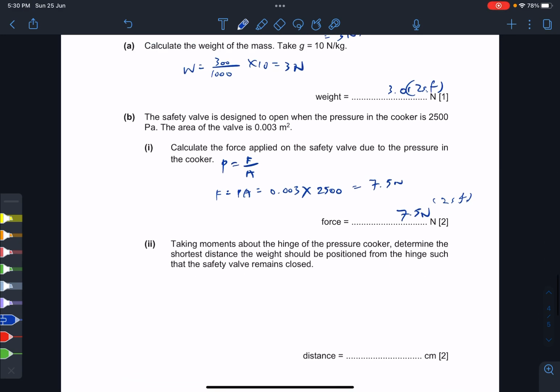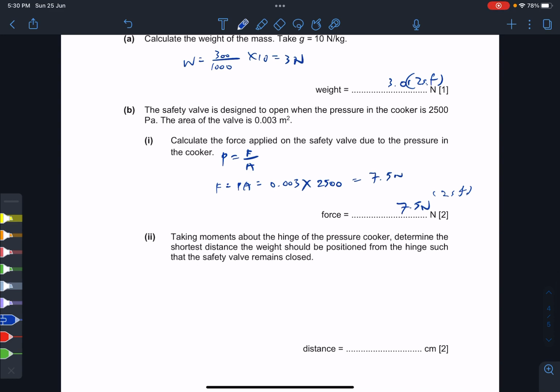Taking moments about the hinge, determine the shortest distance the weight should be placed. Well, you're essentially talking about a balance system, which means by your principle of moments, total clockwise moment equals total anti-clockwise moment.